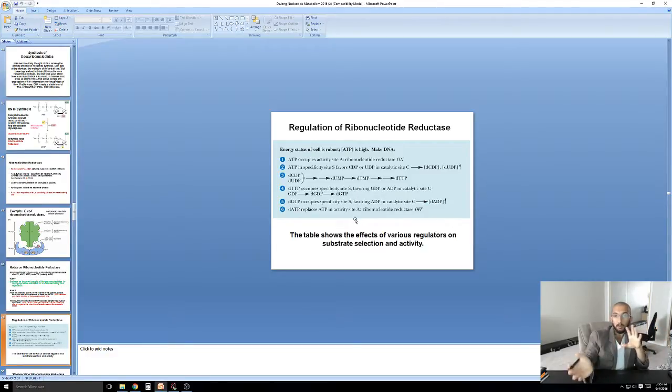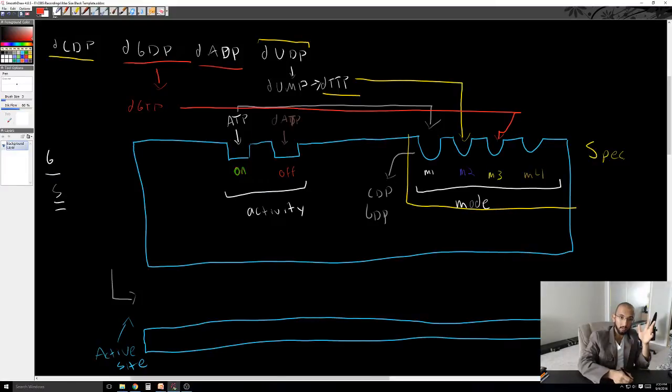And there are kinases, enzymes in the environment, which will convert the DPs to TPs, so we'll get dATP, which will replace ATP in the activity site. So finally, ATP will leave, and the dATP will take over from the ATP, and it'll turn everything off.